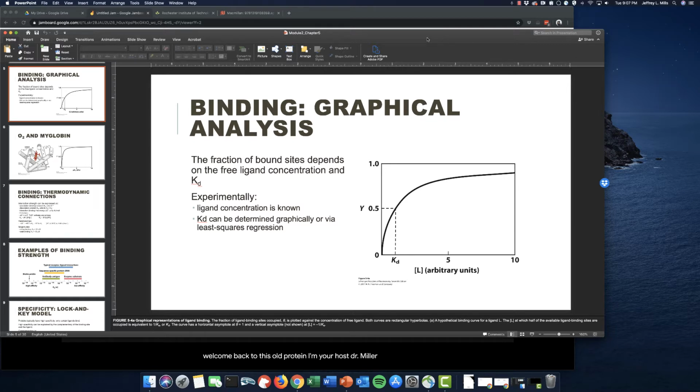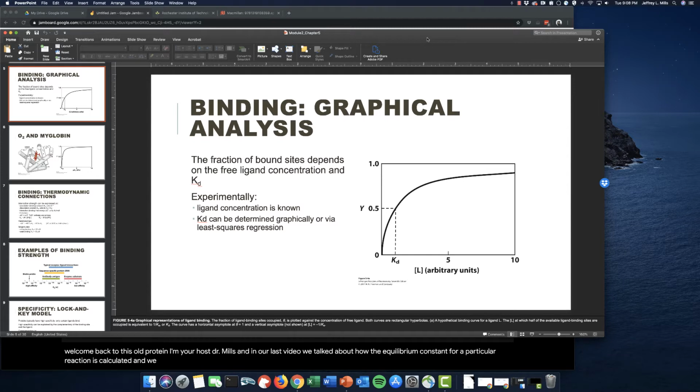I'm your host, Dr. Mills, and in our last video we talked about how the equilibrium constant for a particular reaction is calculated, and we waved our hands and some algebraic magic happened, and we were able to figure out that, well, in this plot that we have here on the right side of the screen, the x-axis is the ligand concentration, and the y-axis represents the fractional occupancy, or how many ligands are in our binding site.